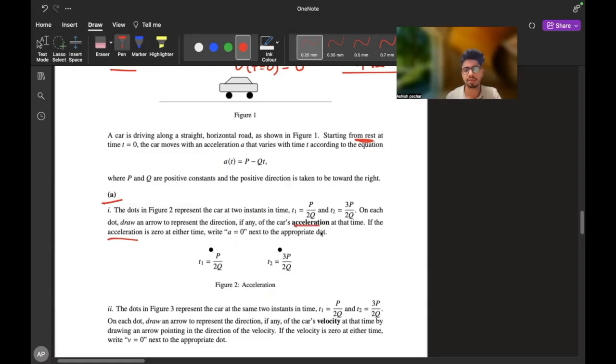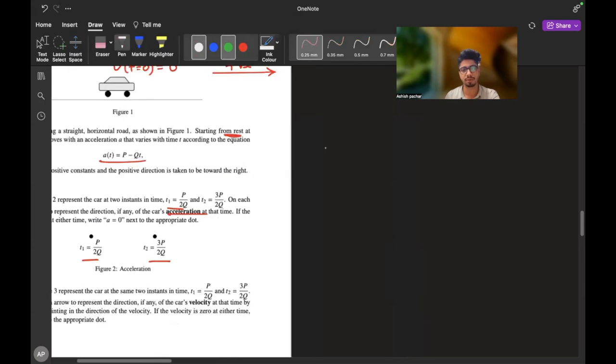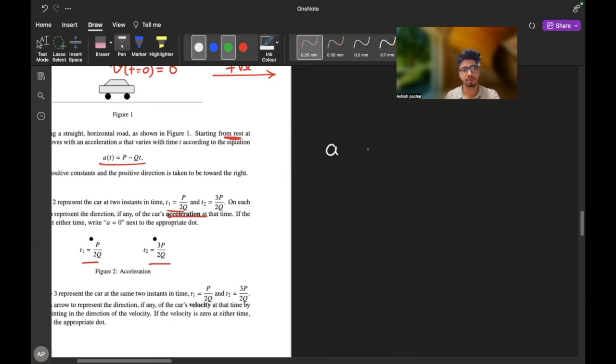So the acceleration at that time. Time is known to us, t1 and t2 are known to us, and we even know the expression for the acceleration. So just plug in the time into that. So let's check it out. If we plug in time t1 into that, this is the acceleration one.